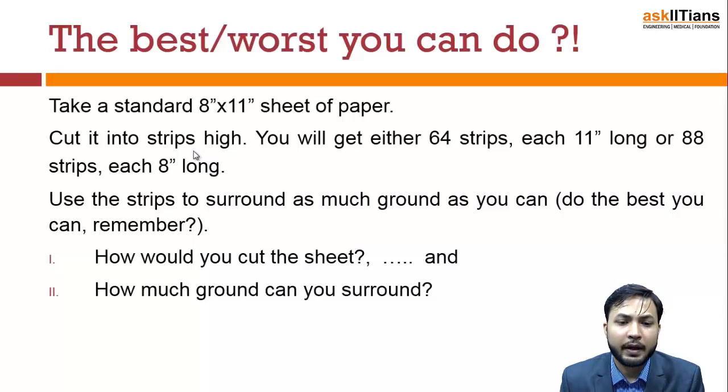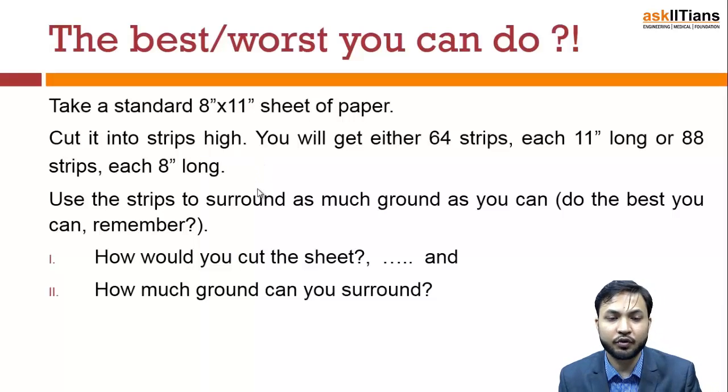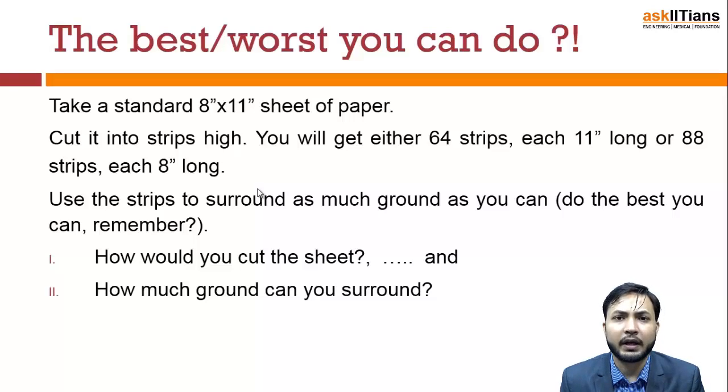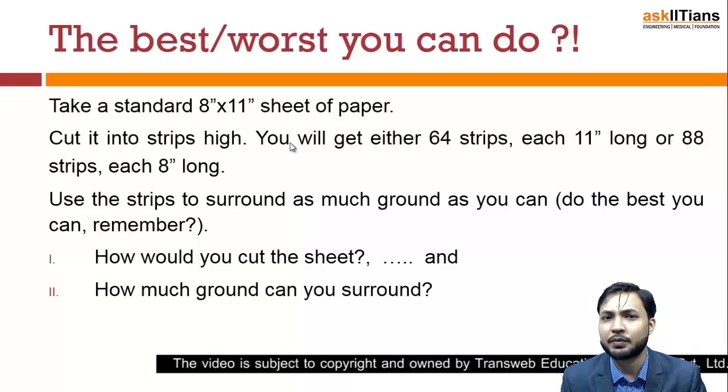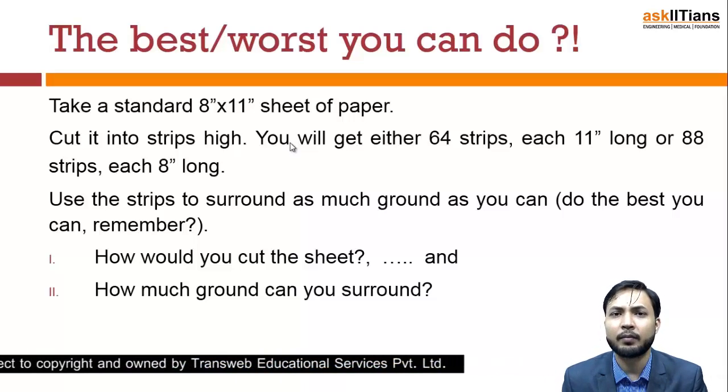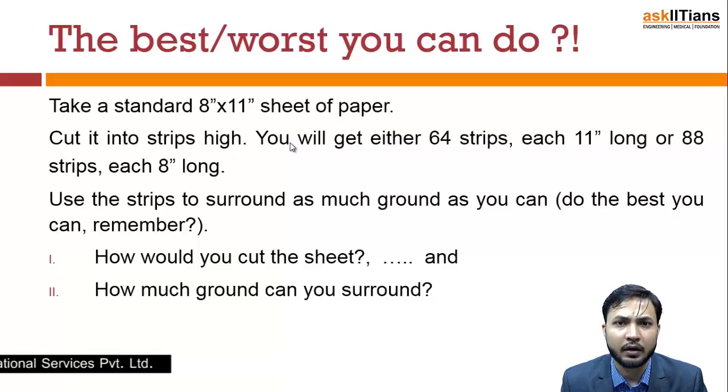After putting in a lot of effort, you will come to a part where you have finished it. So 64 strips will cover a maximum area of this, and 88 strips will cover the maximum area of this. In either case, after completing, you'll get the areas, let's say x and y that I mentioned. After doing that, you are struck with the thought that if I would have cut the strips in a different way, I would probably have gotten more area, right?